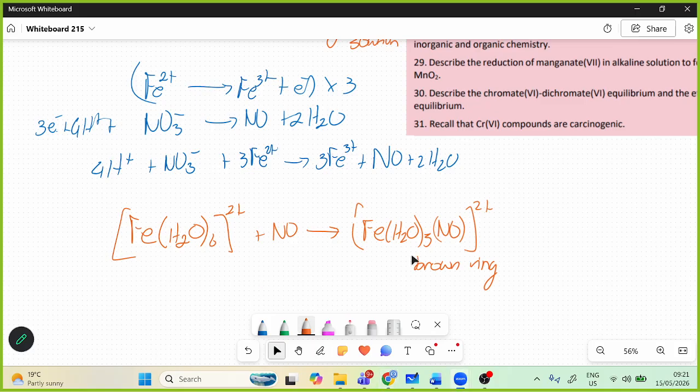The complex happens to be very brown. So again, this wasn't really with transition metals, but since we're covering them, might as well.